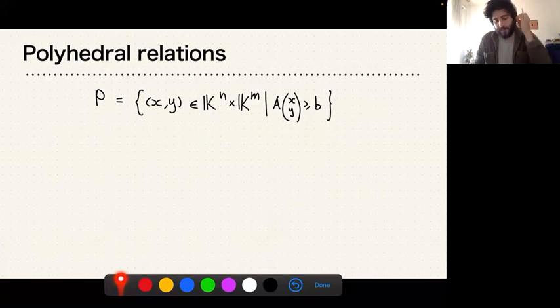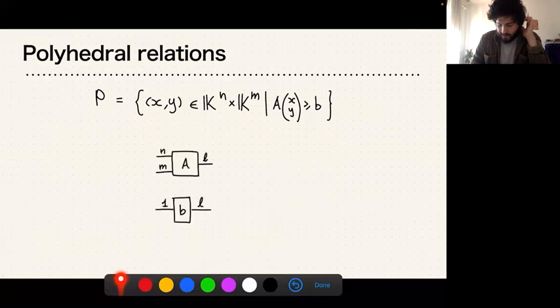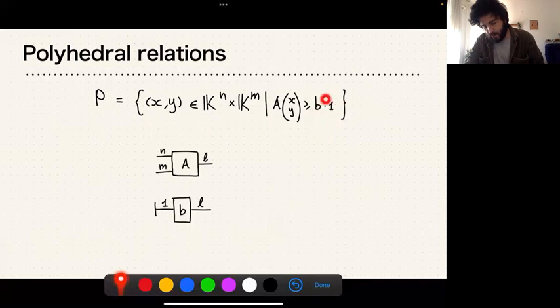So to represent it diagrammatically, we have all the ingredients we need. Indeed, we can represent the matrix A and the vector b as a one-column matrix. And then we can observe that b here is multiplied by 1, and then we can close its single wire on the left with a 1.